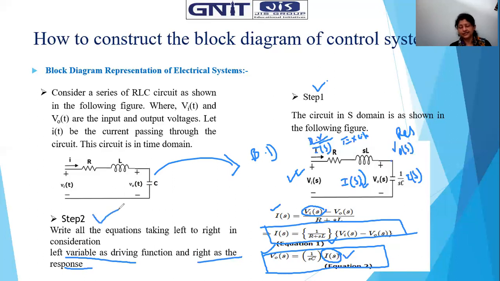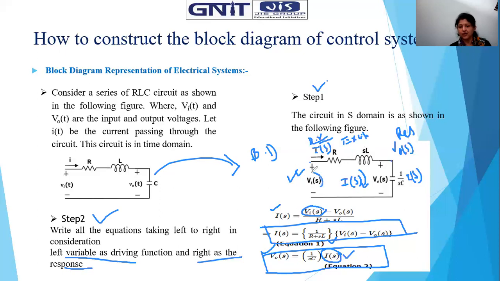The second consideration is to understand all the variables of the S domain. Which one is the dependent variable and which one is the independent variable? Generally, left is the independent variable and right is the dependent variable. Represent the variables, which is dependent and which is independent, and get the relation between each of them.